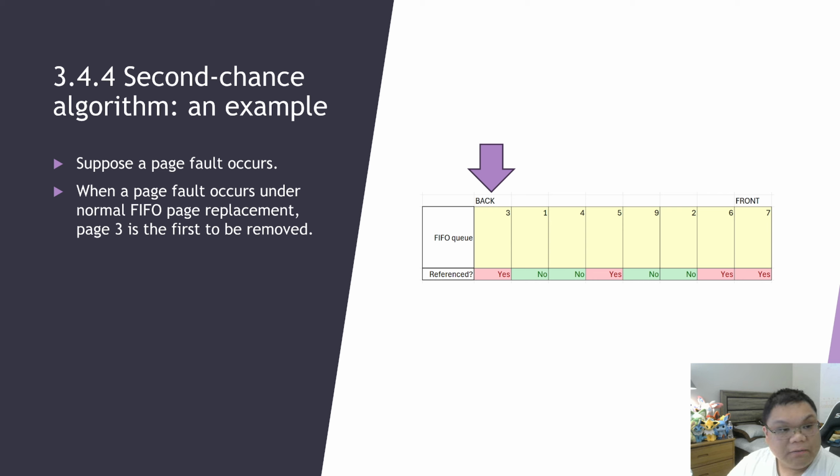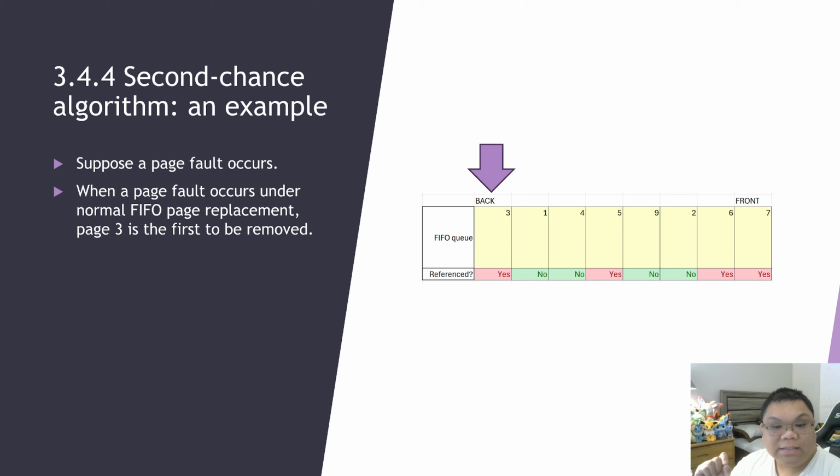When a page fault occurs under normal FIFO, and in here we have page 3 at the back of the queue and page 7 at the front of the queue, normally that page 3 is the first to be removed. But now we have extra information in the form of the reference bit.